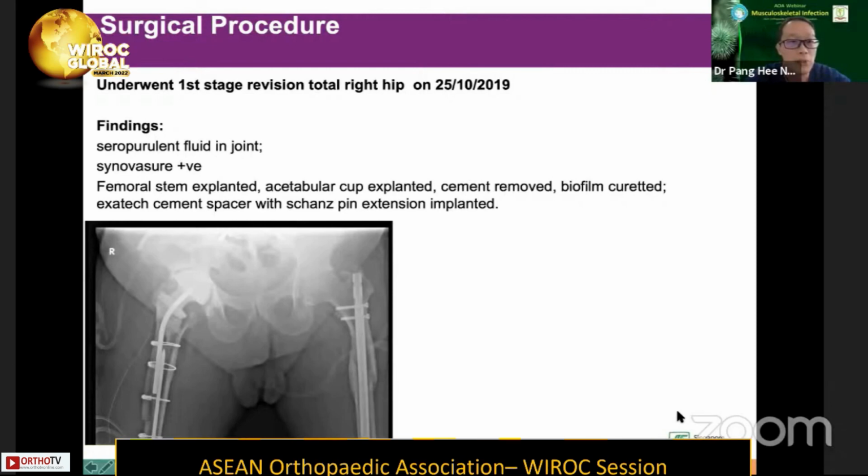We also encountered serous fluid in the joint, which was in line with what the ultrasound aspirate yielded. We repeated another synovial test. It was positive. Therefore, everything was explanted, and the antibiotic cement spacer with a trochanteric extension was implanted to protect the ETO.